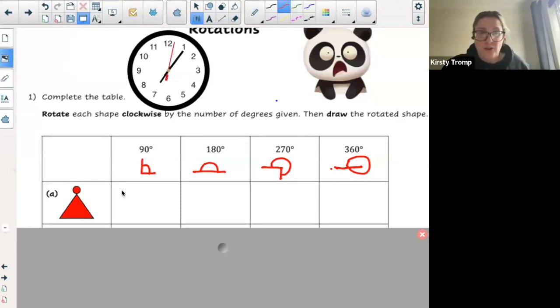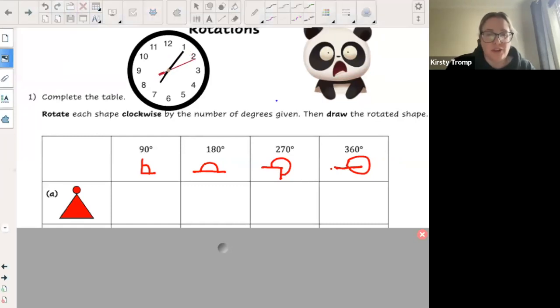Go try that triangle with a circle on top of it for me. What do you think it should look like? Go do your drawings for me. Even if you're wrong, I want you guys to try. Go try it out. Go draw it.